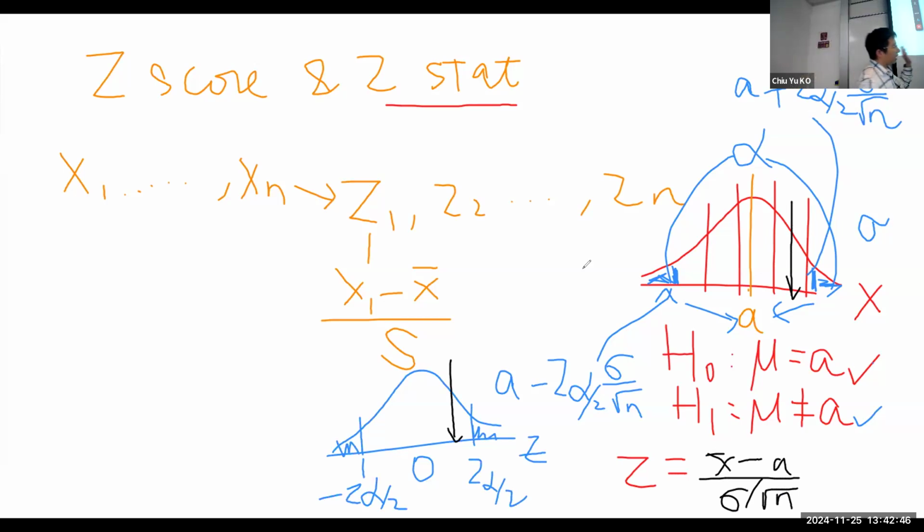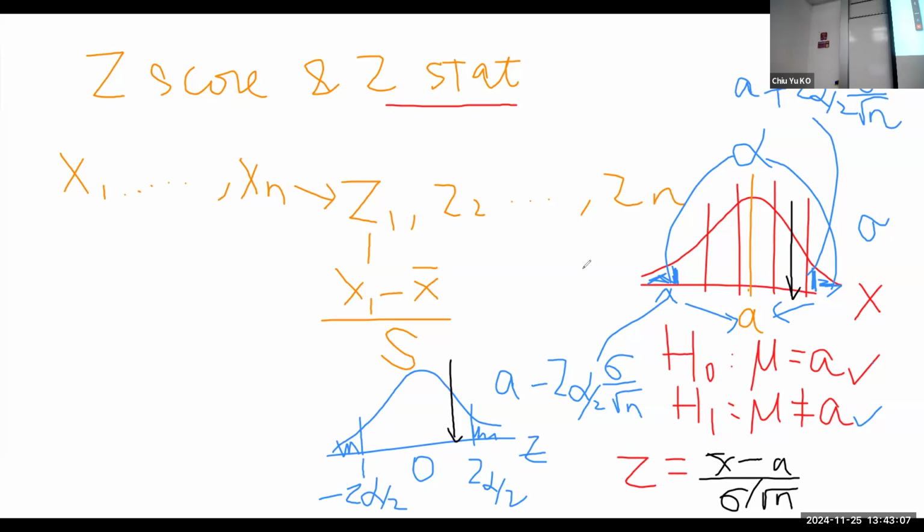That is called the test statistic. You compare Z with these two numbers. If Z is within these two numbers, you support the null hypothesis. If it is far away, beyond these two numbers, you reject the null hypothesis, because it's too far away.